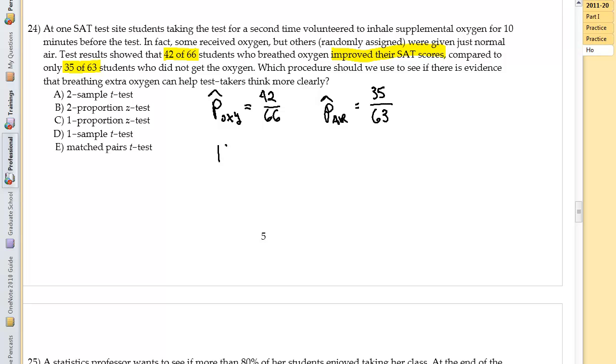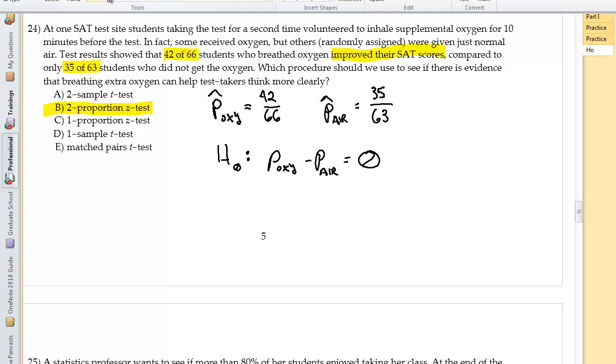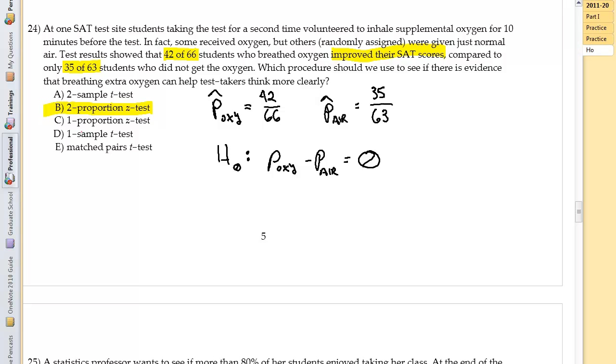And our null hypothesis is going to be that p of oxygen minus p of air is equal to 0, that there's actually no difference. These are proportions, and there are two proportions, and so what we're doing is a two-proportion z-test. Obviously, with two samples, we're not going to have a one proportion or a one sample.